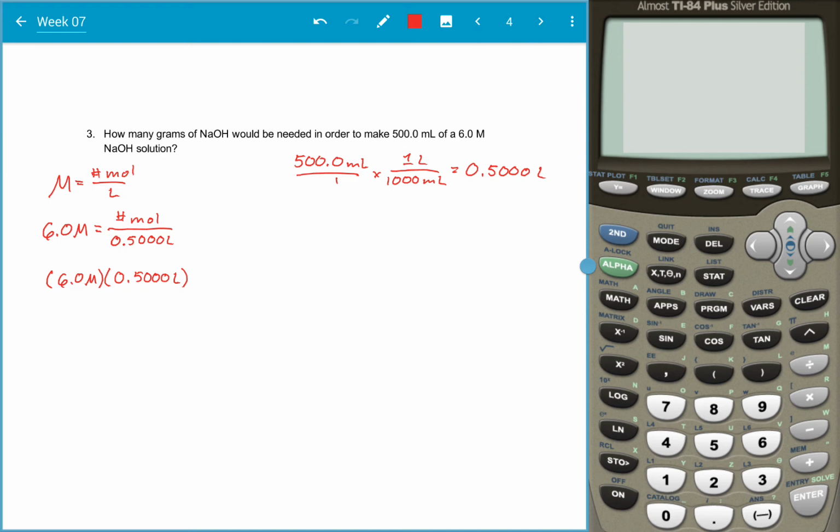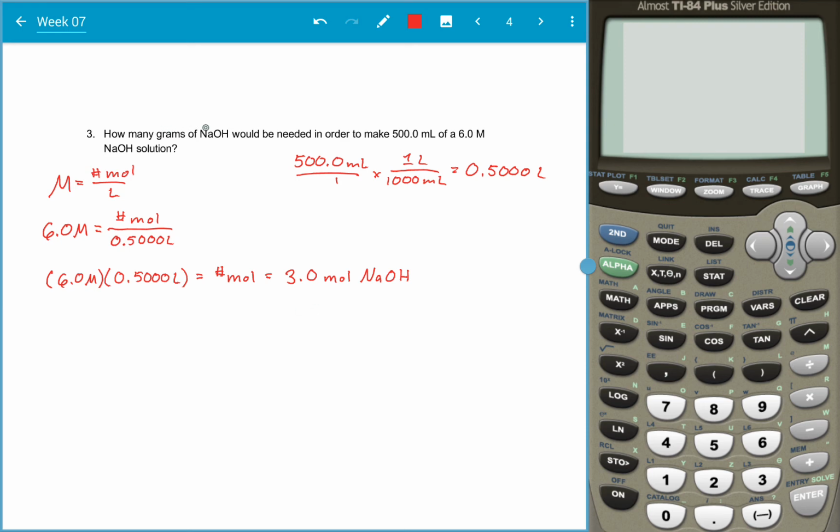I do the opposite math operation. And that'll equal our number of moles, and that would give me 3.0 moles of sodium hydroxide.